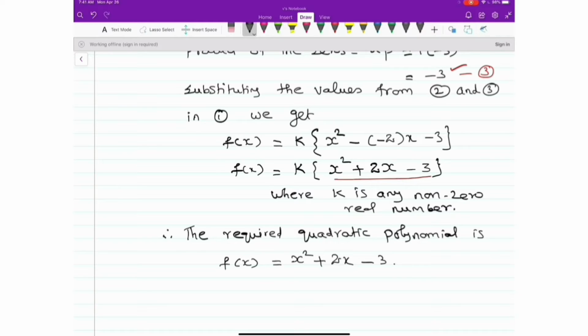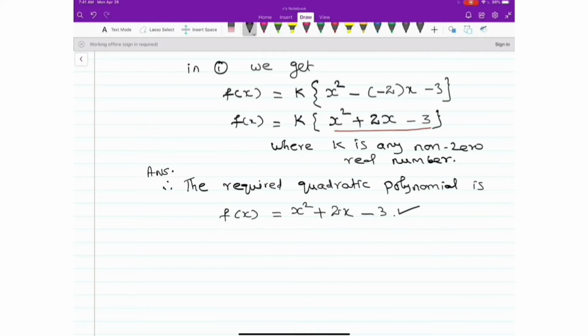So, this is going to be the answer for the first part. The second part is we have to verify the relationship between the zeros and the coefficients of this quadratic polynomial. Okay, let us do that now.